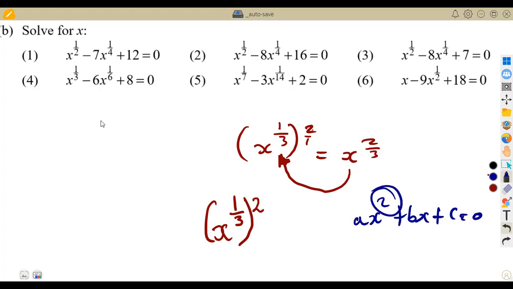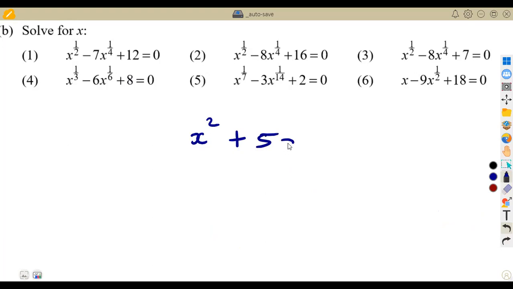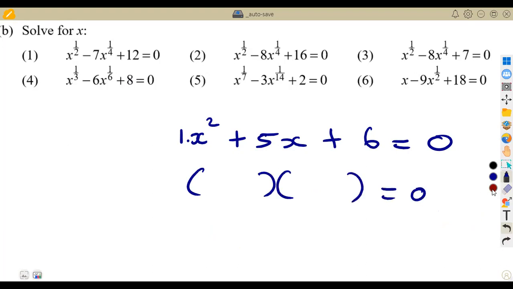If I can do that, guys, I'm done, because I now have a quadratic that I can solve by factorization, because we understand that if I have something like x squared plus 5x plus 6 is equal to 0, as long as the coefficient of x squared is a 1, we can just have two brackets that you're going to consider.